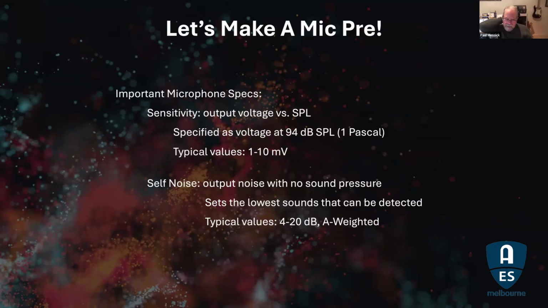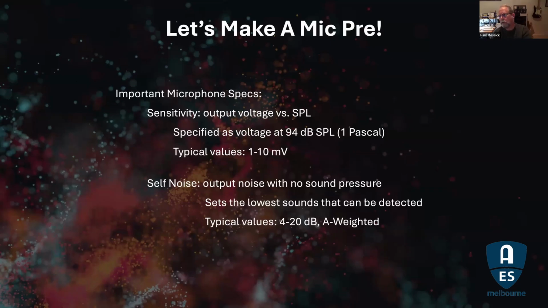So typical values for self noise range from 4 dB to say 20 dB, 20 dB not being a great microphone, but 4 is pretty good. What that means is that, compared to a perfect microphone that would generate no noise of its own, that sample would generate, say, 4 dB more noise.